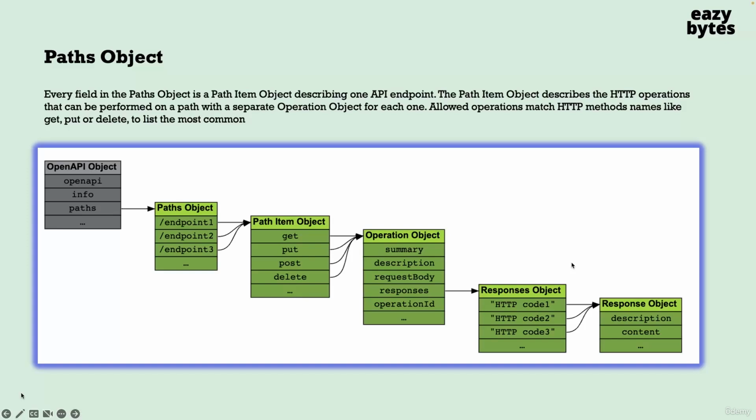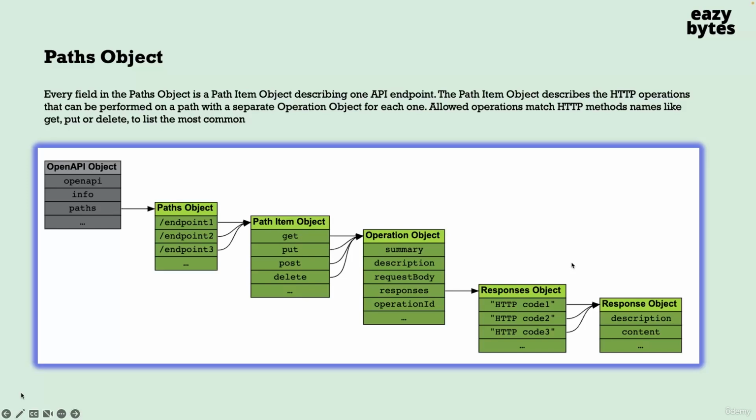Once you define the HTTP method details, you can mention the operation object details, like the summary of your operation and the description. If you have a request body, like in the scenarios of post and put, you can mention that. If you have input parameters, like in the scenarios of get and delete, you can mention that with the help of parameters.